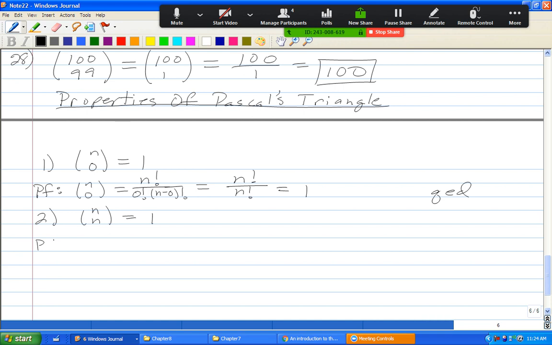Well, by symmetry, the first property works, but let me compute this anyway. NCn is n factorial over n factorial times n minus n factorial. Well, 0 factorial is 1, the n factorials cancel, and so you're done.